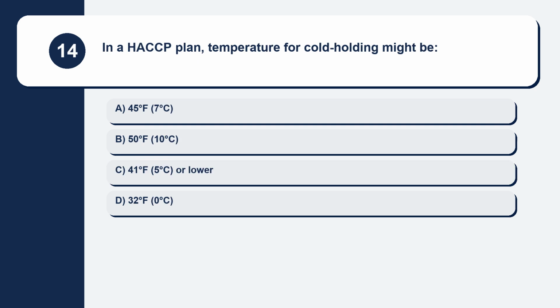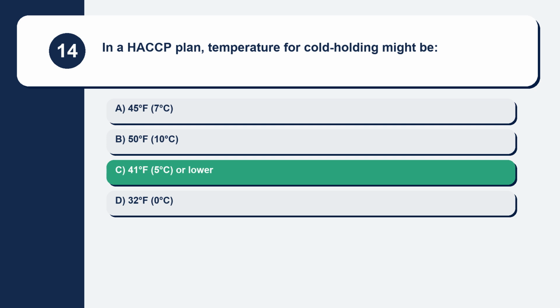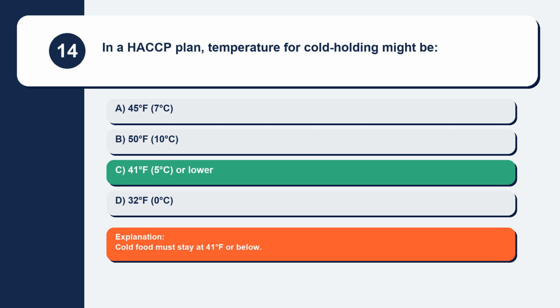Question 14. In a HACCP plan, temperature for cold holding might be 45 degrees Fahrenheit 7 degrees Celsius, 50 degrees Fahrenheit 10 degrees Celsius, 41 degrees Fahrenheit 5 degrees Celsius or lower, 32 degrees Fahrenheit 0 degrees Celsius. Cold food must stay at 41 degrees Fahrenheit or below.